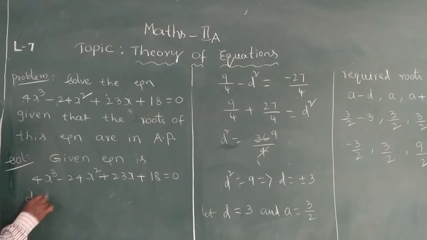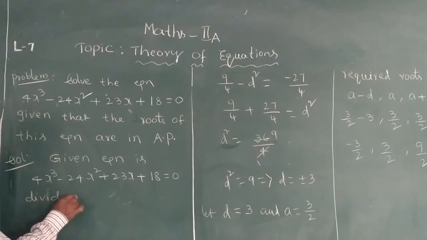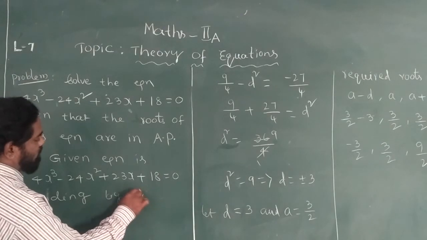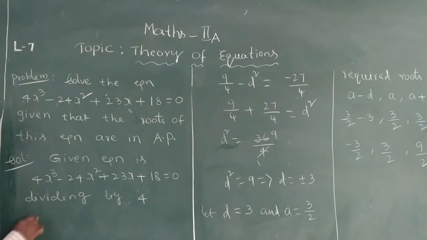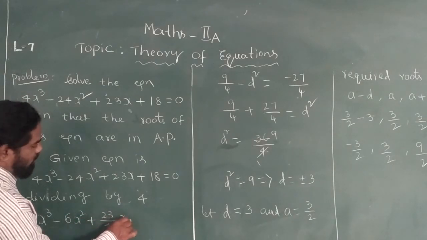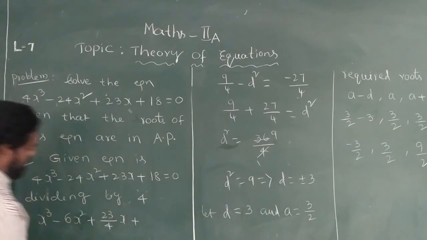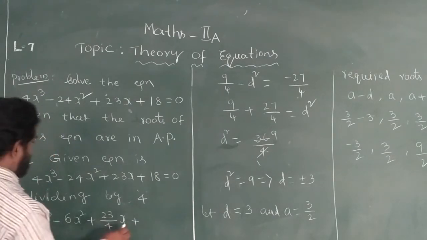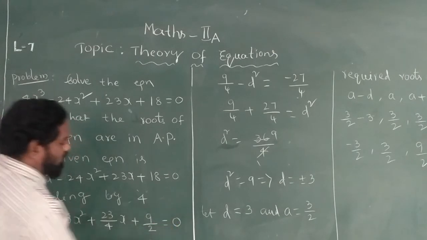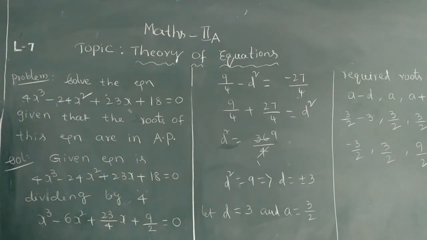Dividing by 4, what will come? x cube minus 6x square plus 23 by 4 x plus 18 by 4, which is 9 by 2, equal to 0.